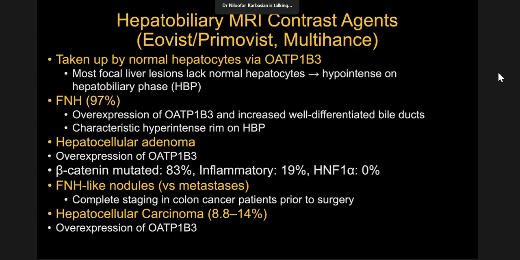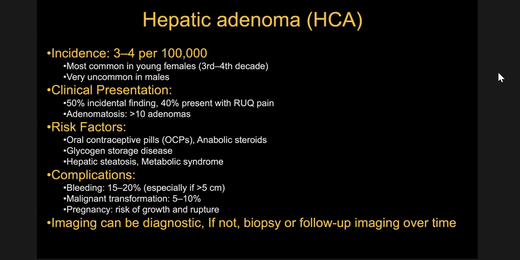This raises suspicion, and we don't like the lesions to lose their ability to retain, meaning that they are maybe going under basically low differentiation. But when they retain contrast, it doesn't mean that they're necessarily benign because well-differentiated HCC can retain that. Sorry, I just wanted to go over quickly about EOVIST and its usage.